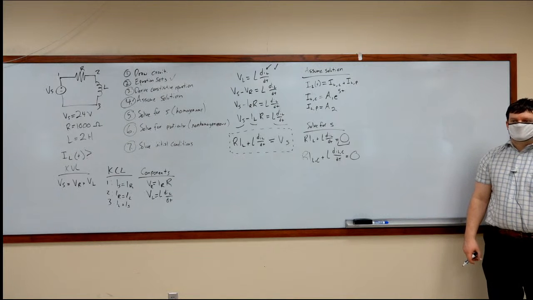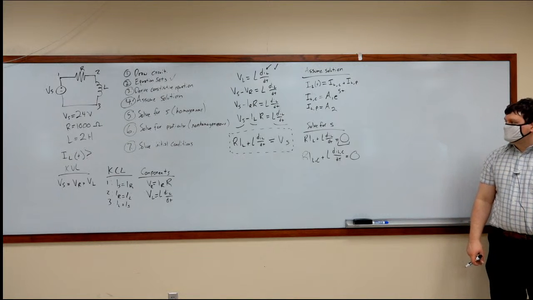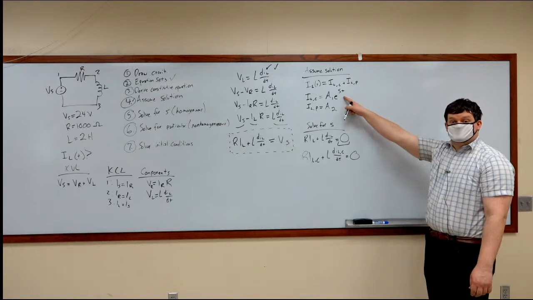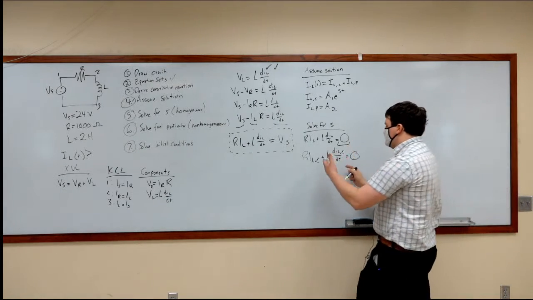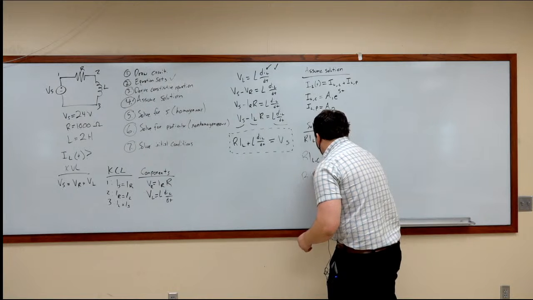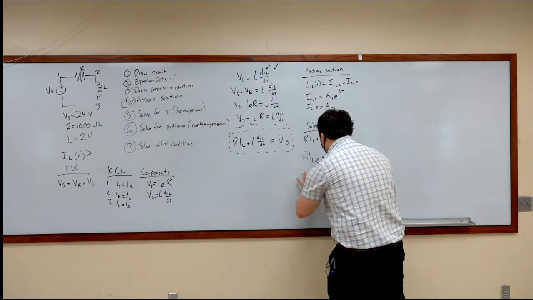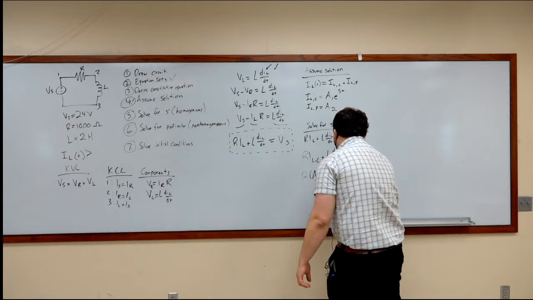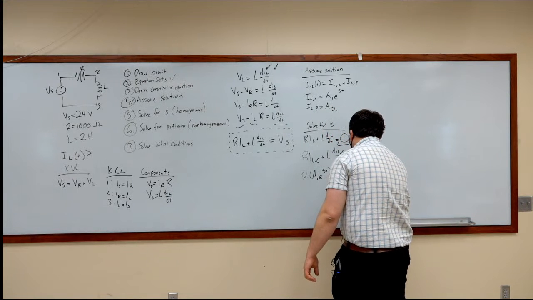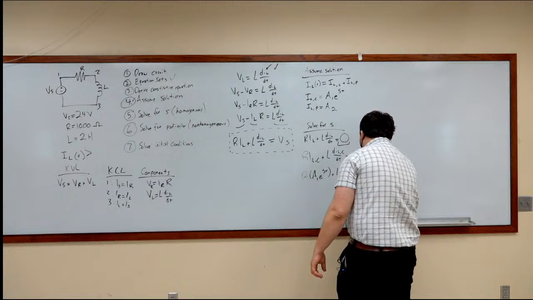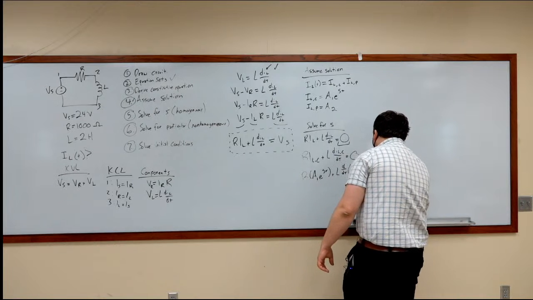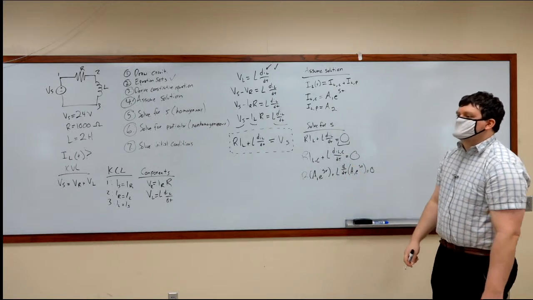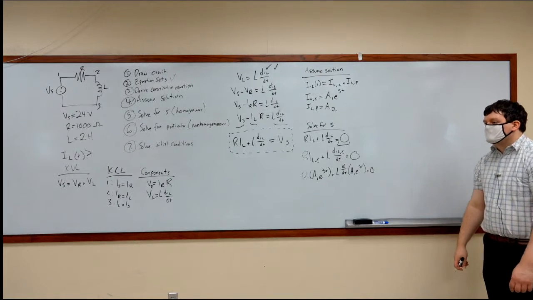What is it? It's this. So we'll go ahead and plug this in. So R times A1 e to the st plus L times the derivative of A1 e to the st is equal to 0.